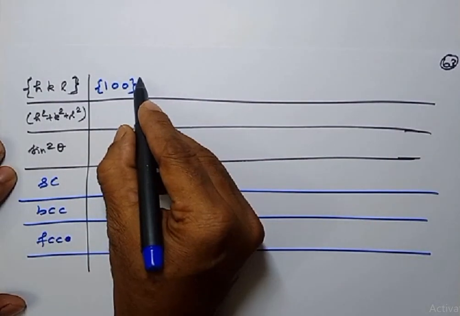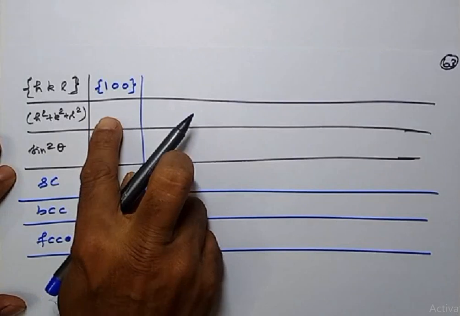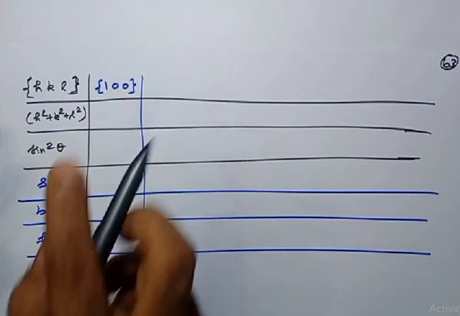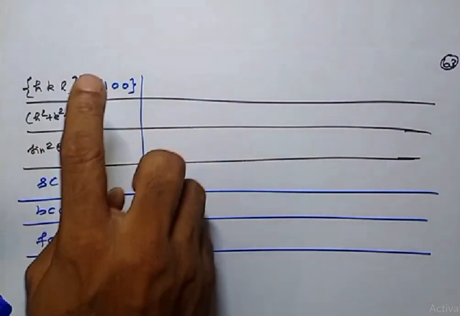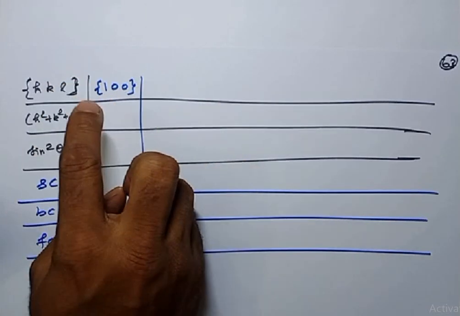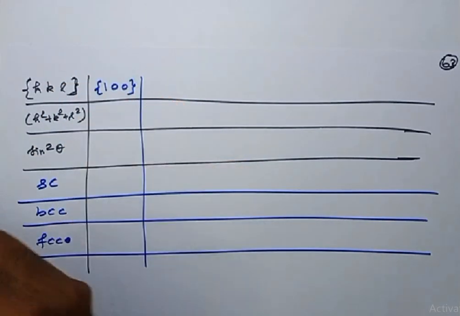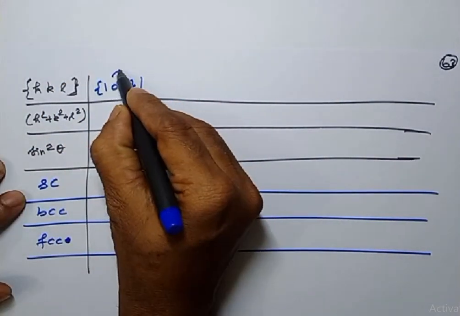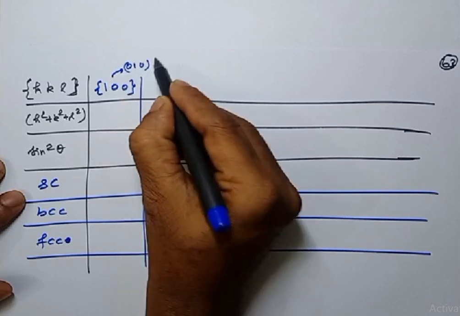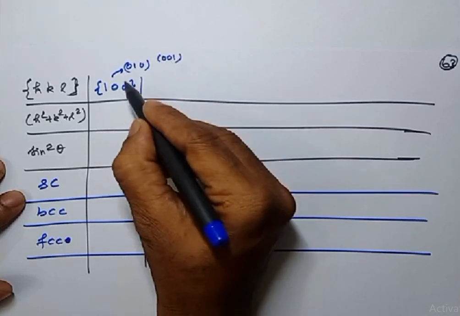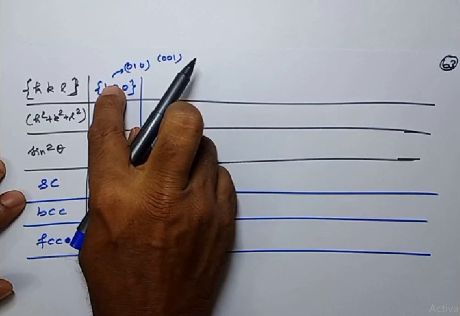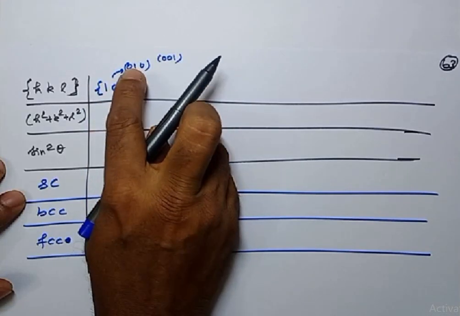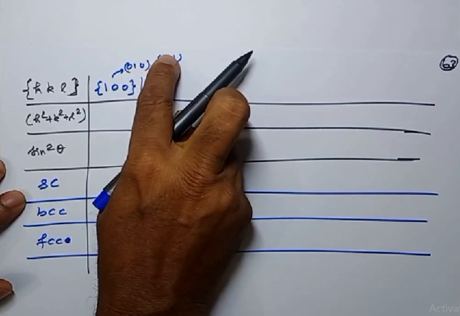First I took 100 planes. Family means 100 plane, 010 plane, 001 plane, then 1 bar 00, 01 bar 0, 001 bar.